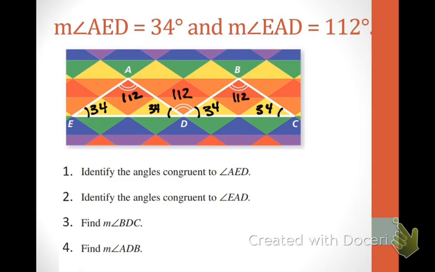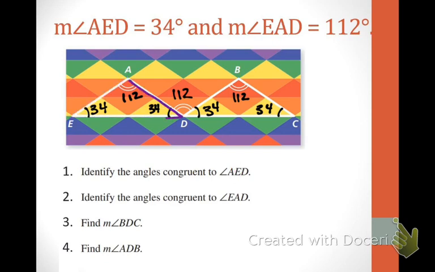So using this information, we're going to answer the questions. Identify the angles congruent to AED. What is the vertex of AED? E. So how many degrees is AED? 34. So we would name all of the angles that are 34 degrees.